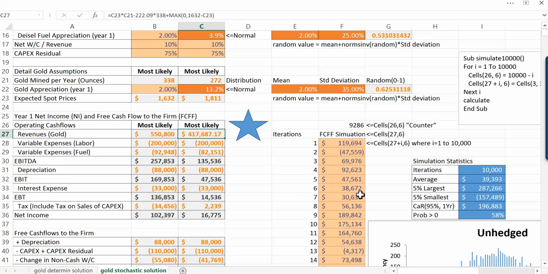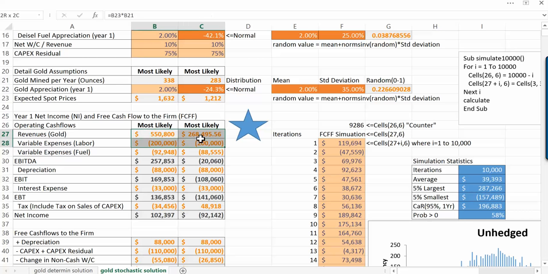And what happens is if gold falls, so let me get a random outcome where gold prices are falling. So now we have a price of gold going down 24%. What happens is Todd is still doing okay because he's able to sell his gold at 1632, at least 338 ounces of it.